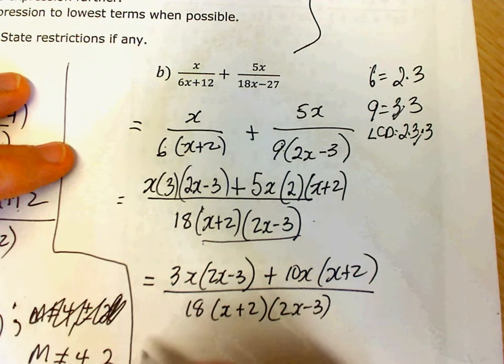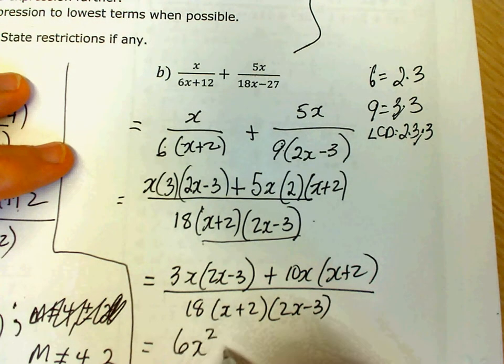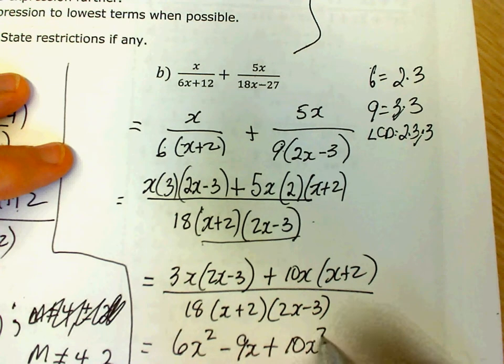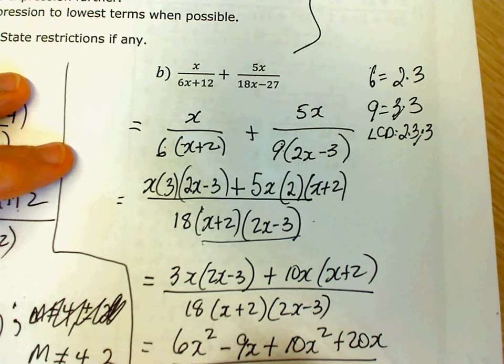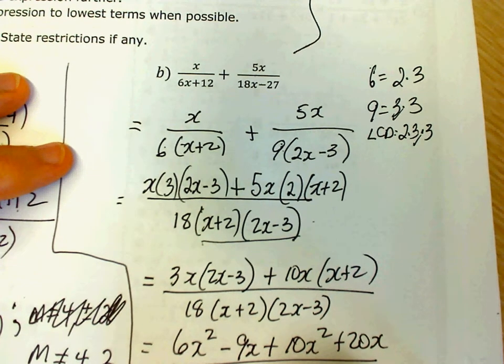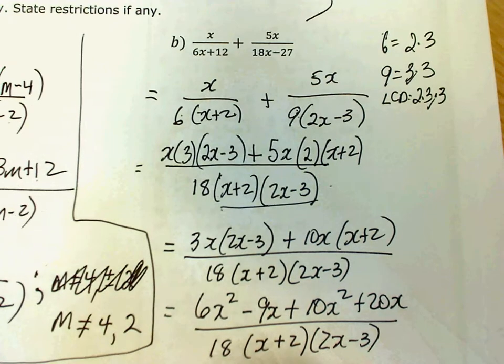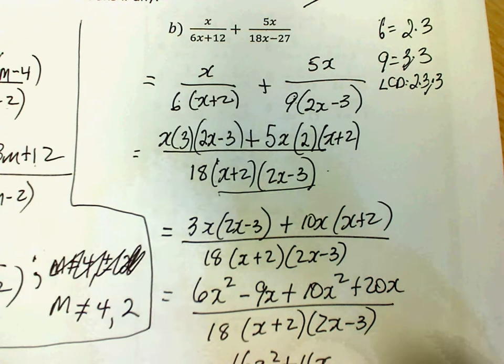So 3x times 2x is 6x squared minus 9x plus 10x squared plus 20x all over 18 times x plus 2 times 2x minus 3. Collect like terms. 16x squared plus 11x all over 18 times x plus 2, 2x minus 3.